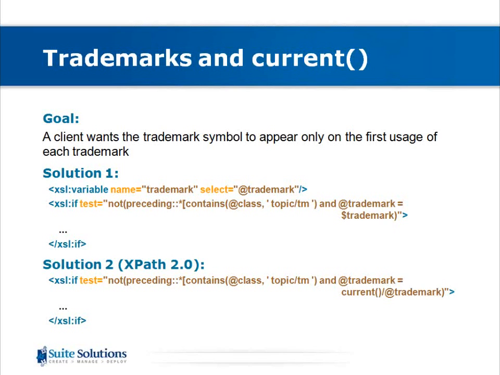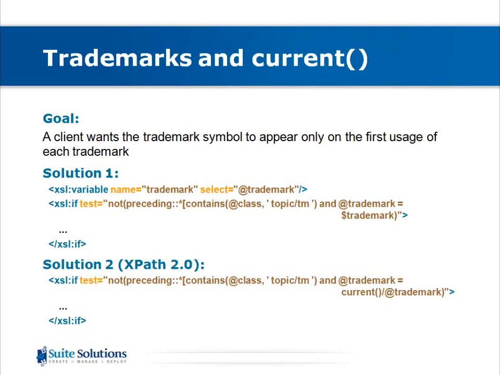And therefore what we're checking here is if it's not the case that there's a preceding element that is a trademark and that preceding element's trademark attribute is equal to the current element's trademark attribute. It gives us the same result as the preceding solution, solution 1, but it does it slightly more concisely and I would say perhaps also more readably.